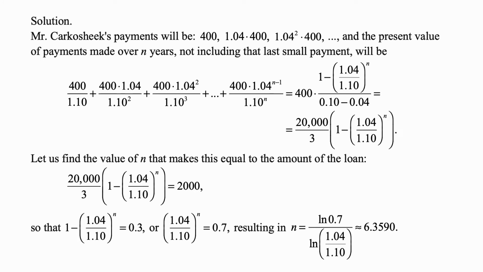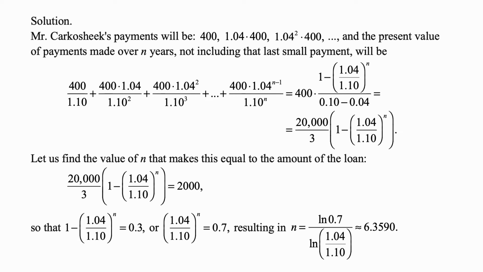And the present value of payments made over n years, not including that last small payment, will be 400 over 1.1 plus 400 times 1.04 over 1.10 squared plus 400 times 1.04 squared divided by 1.10 cubed, and so on. And the very last one will be 400 times 1.04 to the power n minus 1 divided by 1.1 to the nth.